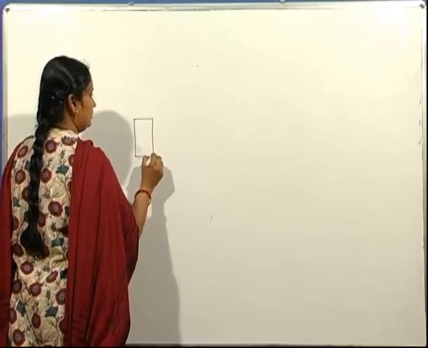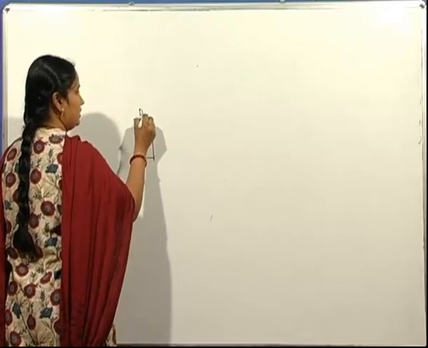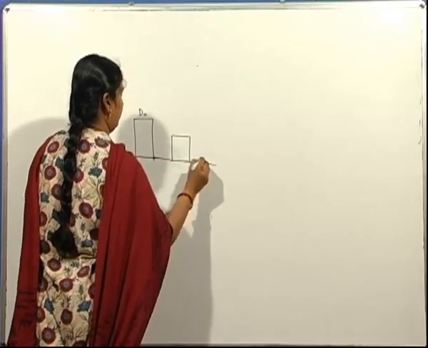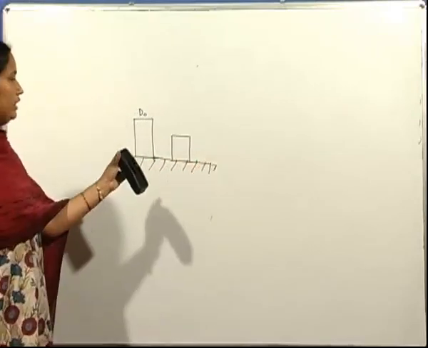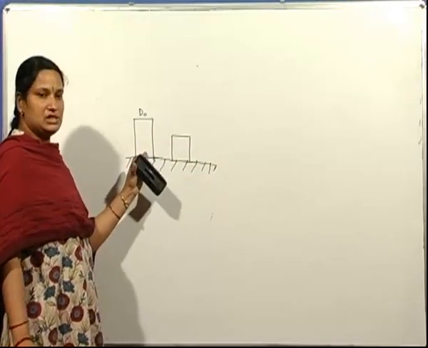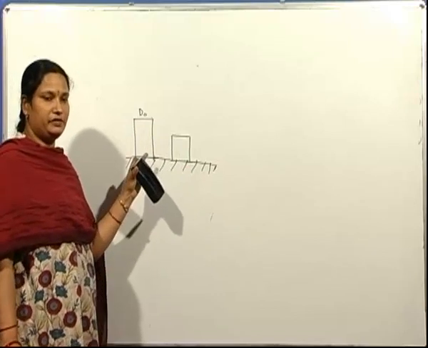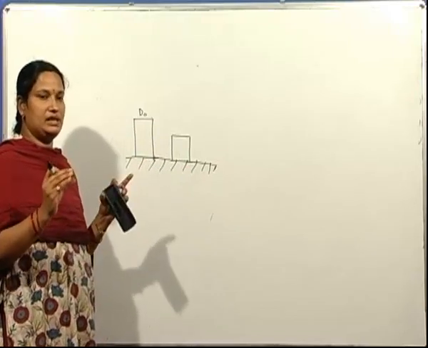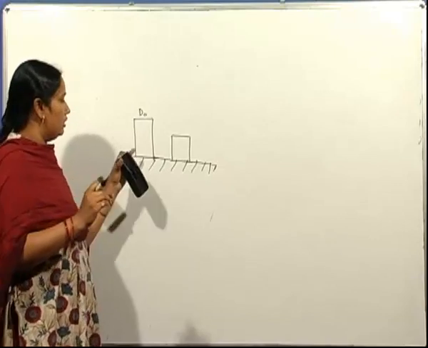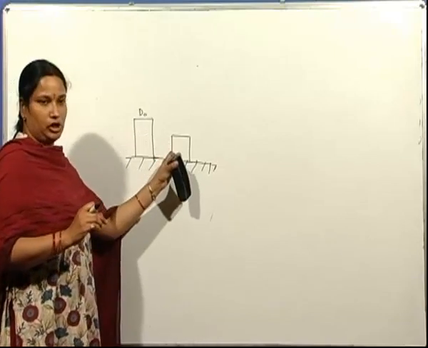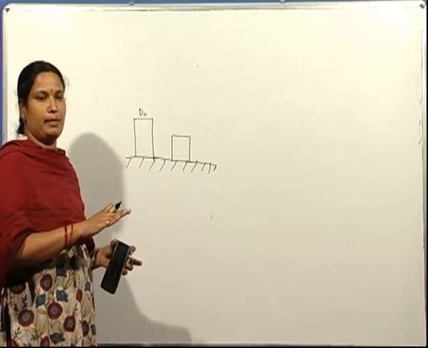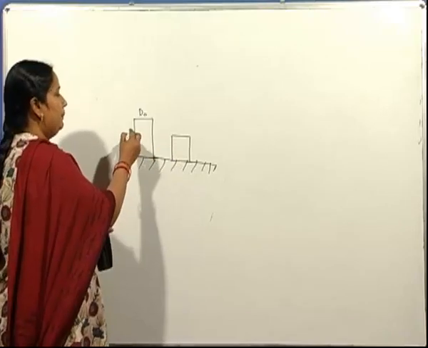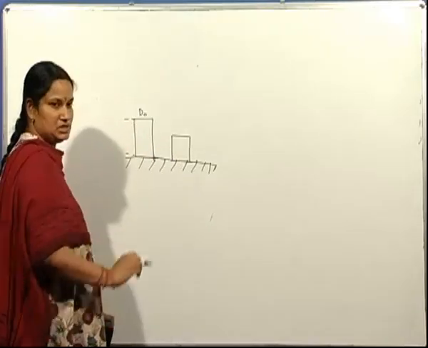Diameter is similar for these two specimens but they are of different height. In deforming both these specimens to the same percentage reduction, the one which is shorter requires more load to cause the same amount of reduction compared to the longer specimen.